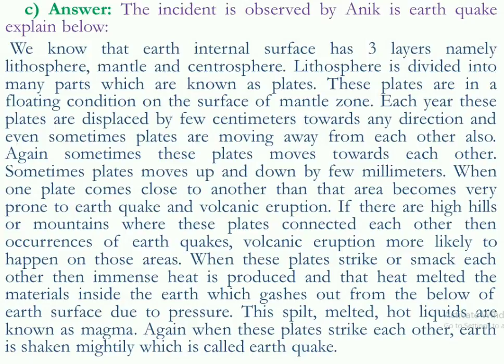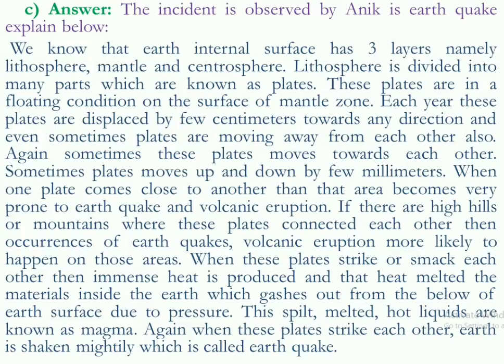When these plates strike each other, immense heat is produced, because the plates are so heavy. That heat melts the materials inside the earth, which come out as gas from below the earth's surface due to pressure.